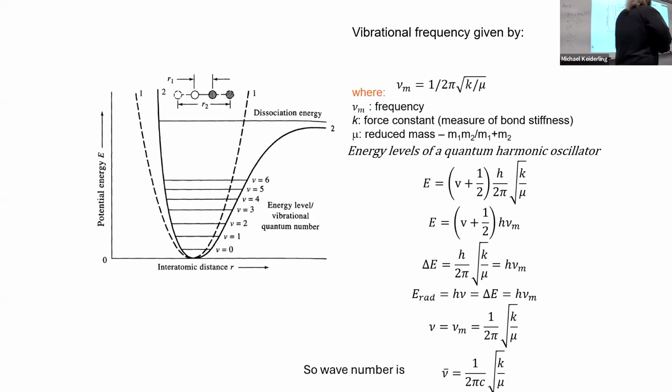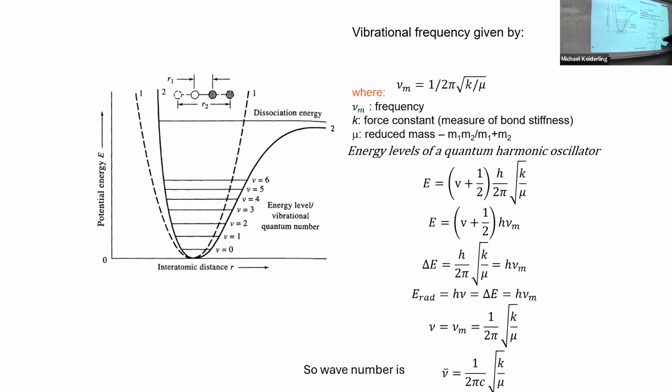But the important thing here is that the energy level is v plus a half times h times that natural resonant frequency. But that means that the difference in energy levels is just, you know, the 1/2 cancels out and you get the difference.